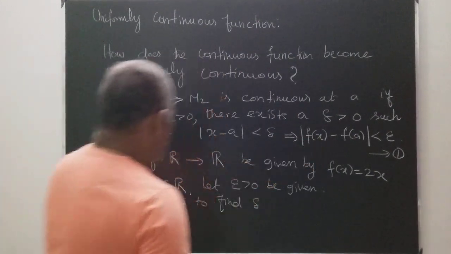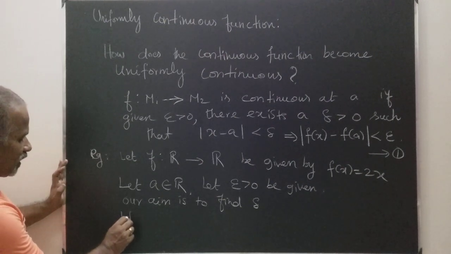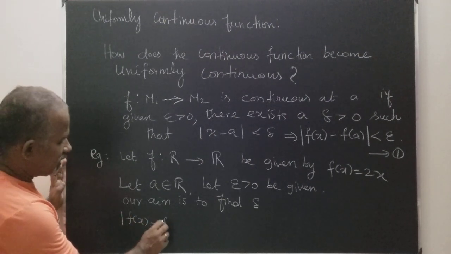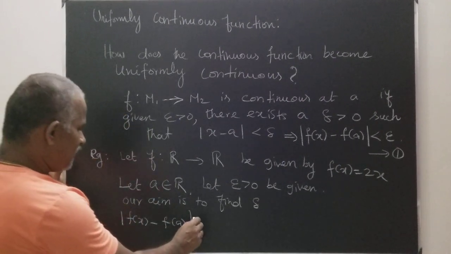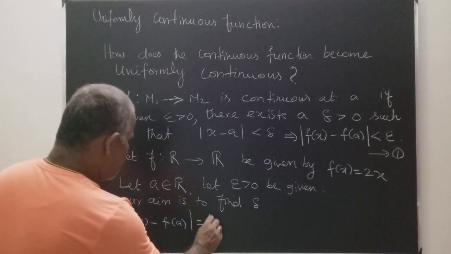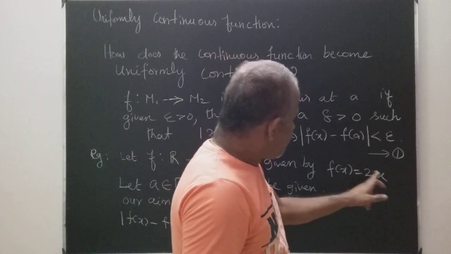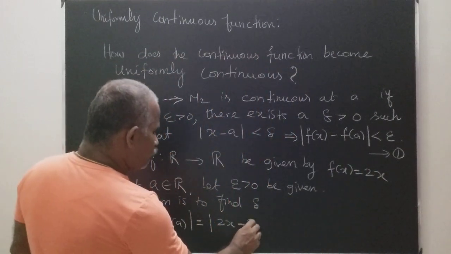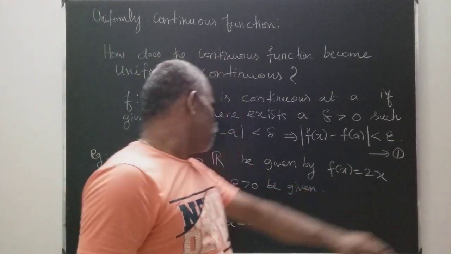Therefore, modulus of f of x minus f of a is equal to modulus of 2x minus 2a. What is f of x? f of x is 2x, and f of a is 2a.